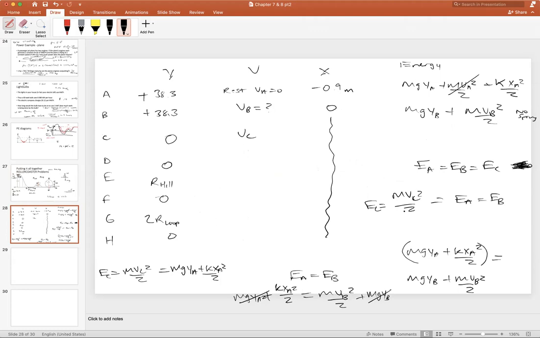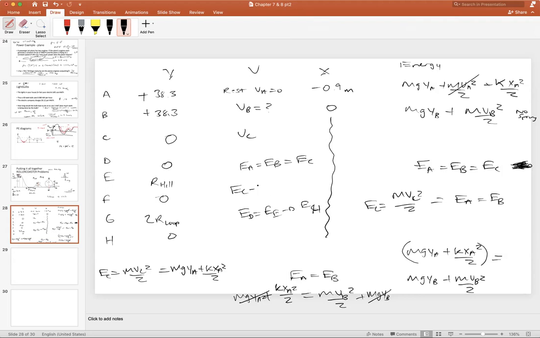My V's I'm going to have to find using energy. But again, EA is equal to EB is equal to EC, and ED is equal to EE, on to EG, or EH. All of them from D, E, F, G, and H are equal.